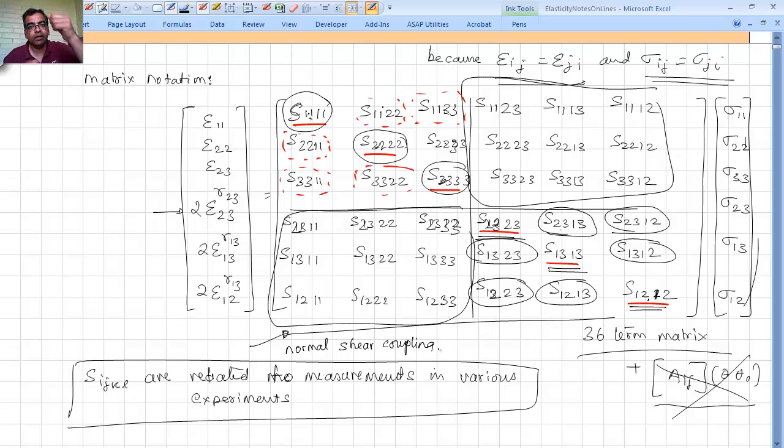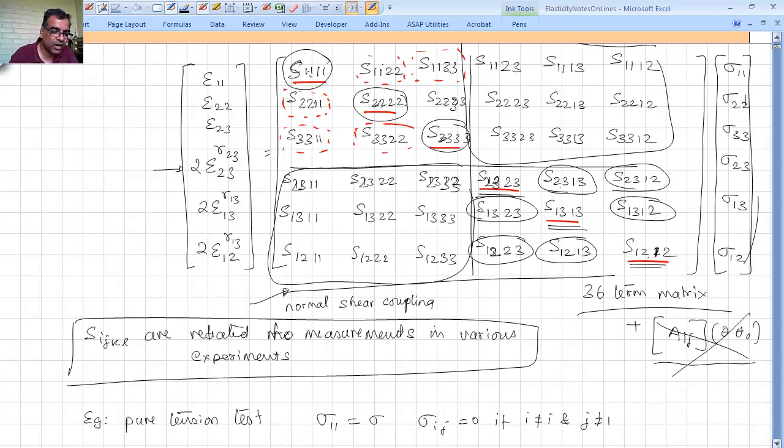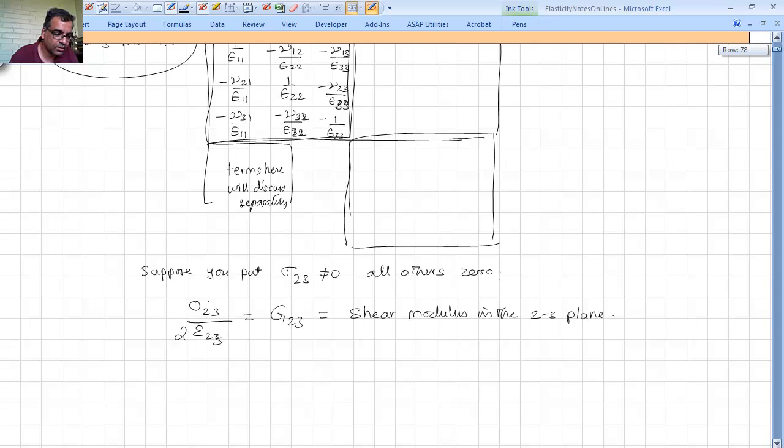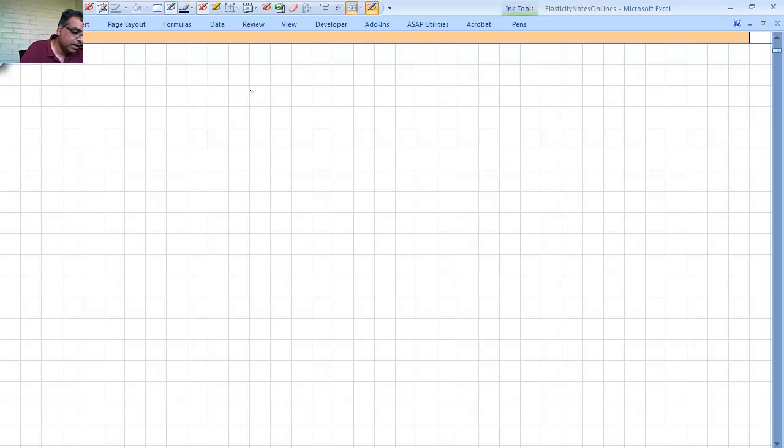What it means is that if you take a body and you apply a normal stress, axial stress to it, it will actually not only extend, but it will also slide sideways. Not bizarre? See, it's not as bizarre as you think. Imagine you had a material which was full of fibers that were this way.